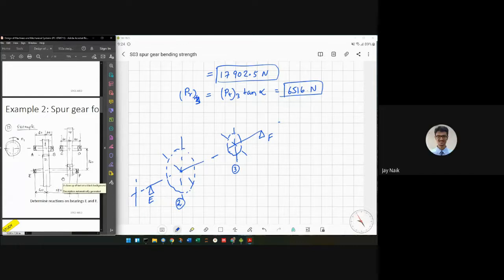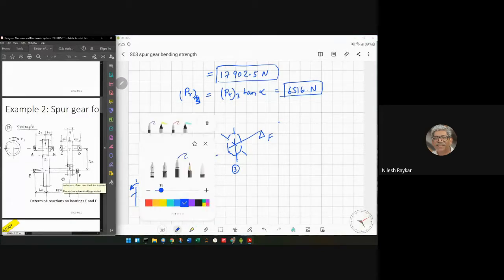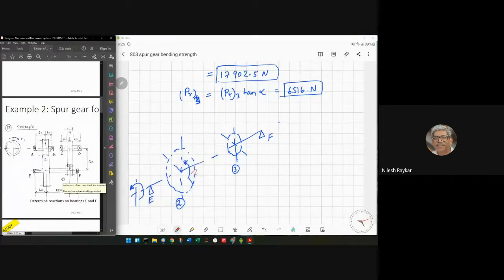Anti-clockwise. It will be in the anti-clockwise direction. So this shaft is rotating in this direction, which means gear number 2 is also rotating anti-clockwise and gear number 3 is also rotating anti-clockwise. Let me use color because this direction is important for determining the forces.